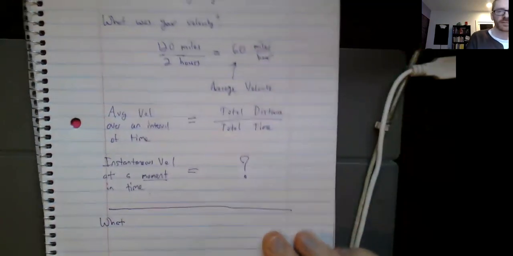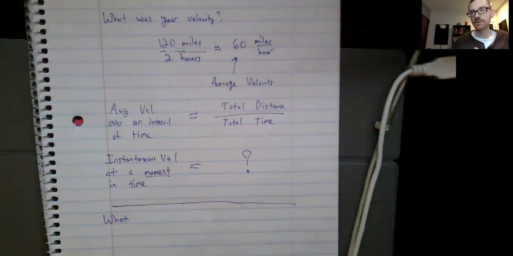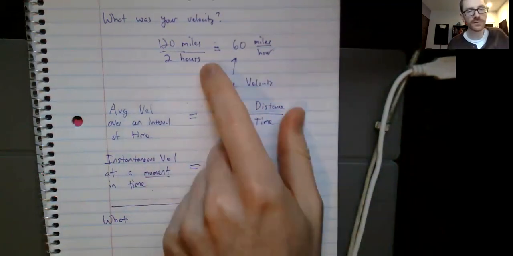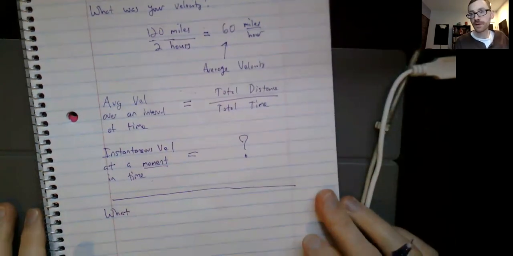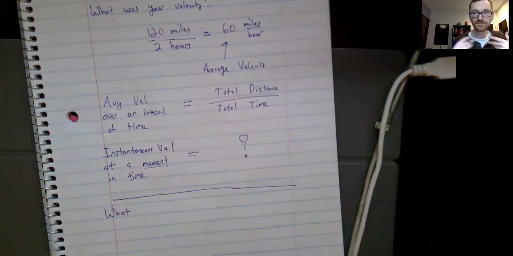Let's think again about this car trip. Let's suppose that you go on this 2-hour car trip, and in 2 hours you go 120 miles. But let's suppose that I want to know the instantaneous velocity at 1 second into the trip.